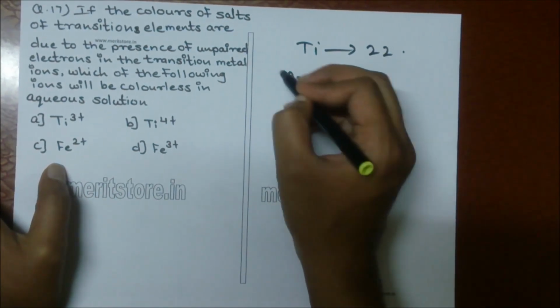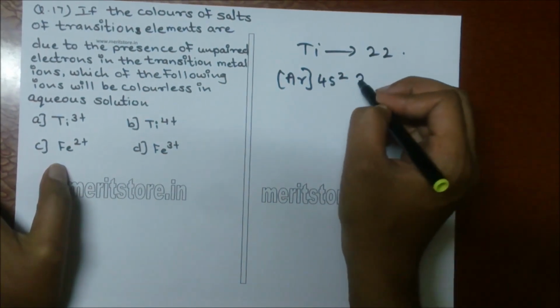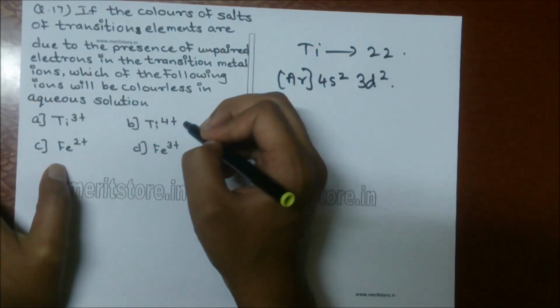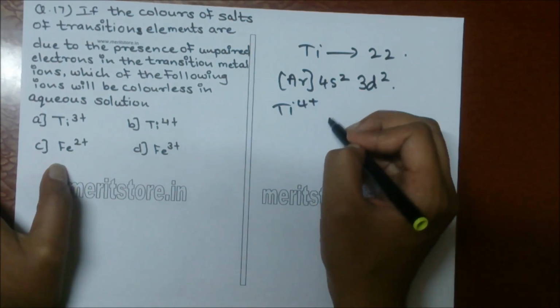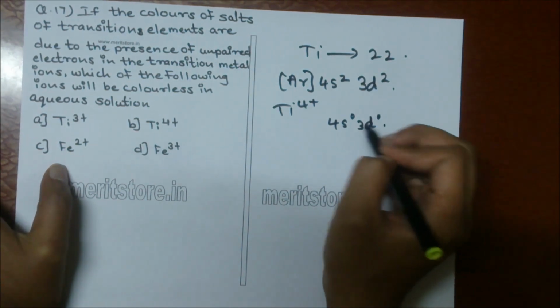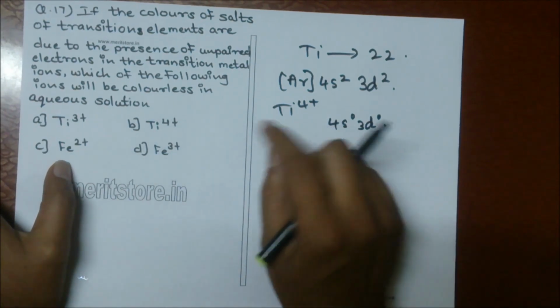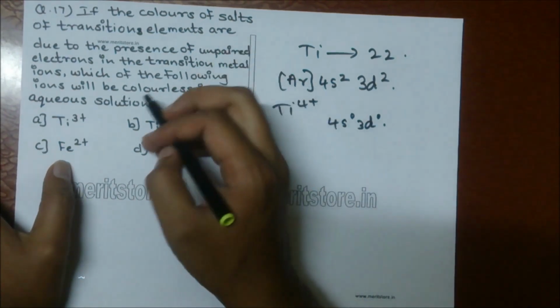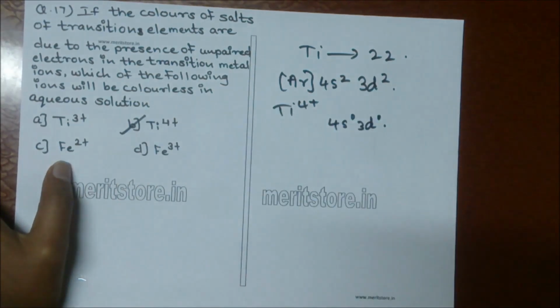The outermost electronic configuration is 4s2 and 3d2. As 4 electrons are removed in Ti4+, it will have 4s0 and 3d0. As there are no electrons in the last shell, Ti4+ will be colorless because of absence of d electrons. Option B is the correct answer.